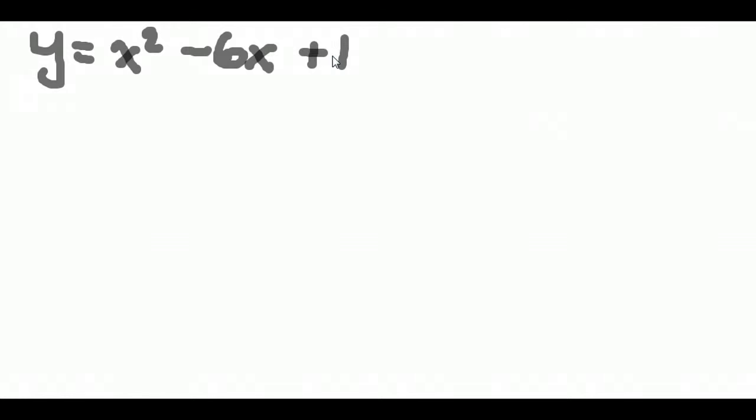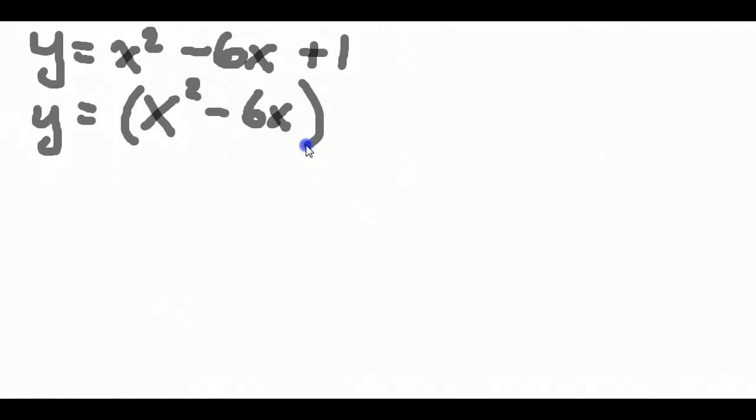Okay, so we first want to get this into the proper format. How do we do that? So we need to first complete the square. So I like to write it as y equals (x squared minus 6x) plus 1. So that way it's easy to see what we're trying to complete the square of.